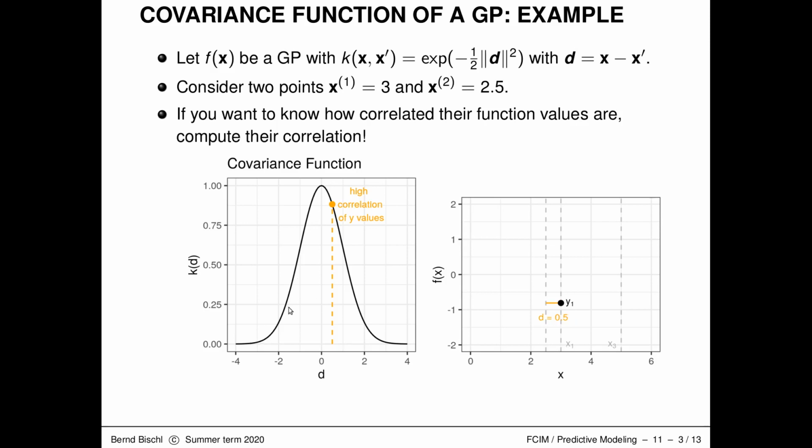And here on the left-hand side, I'm now plotting my covariance function small k, and I can now use that to immediately read off the correlation that the outcomes should have. So especially how correlated y2 should be in comparison to y1.